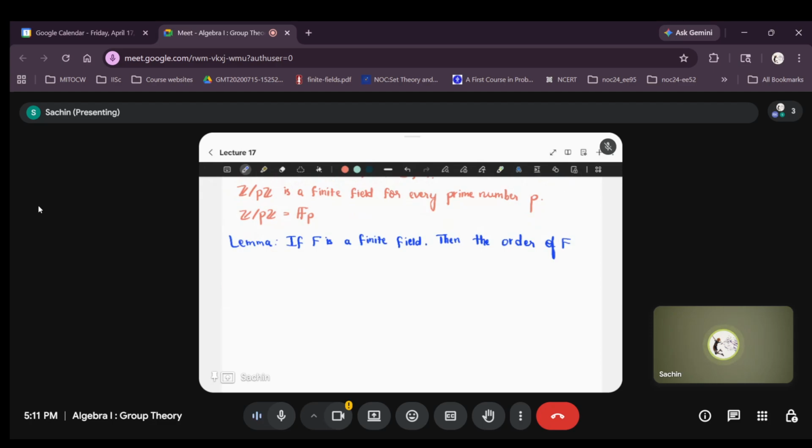Then the order of F is q equal to p power r. Usually we denote a field by F_q, where q is the number of elements in the field. Now we are saying q has to be p power r for some prime p and a positive integer r.